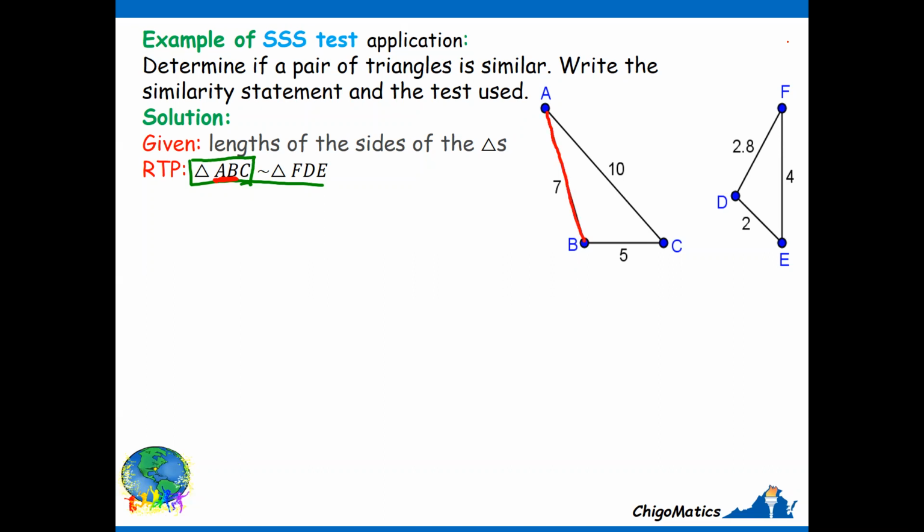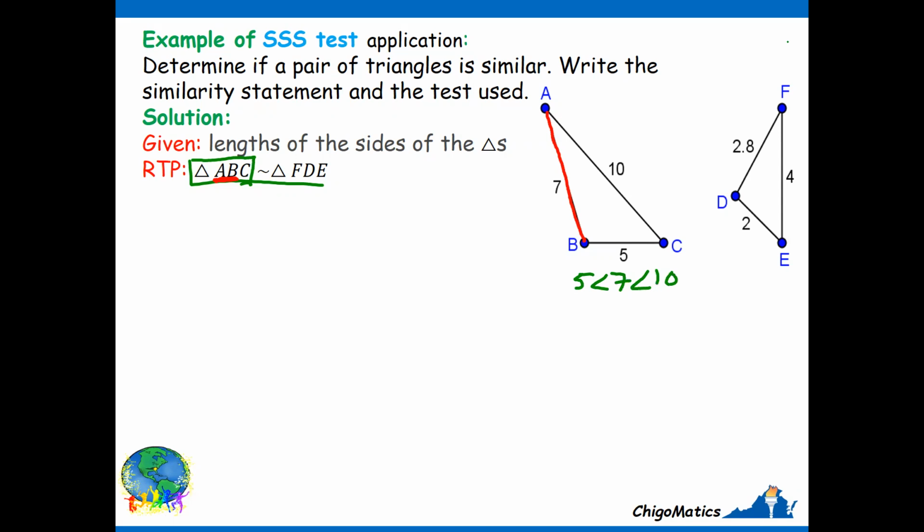Which side does it correspond to? The answer is AB has measure 7. 7 in the triangle ABC is the second biggest. That means I can safely write here in the first triangle, 5 is less than 7 is less than 10. That's how they are arranged.